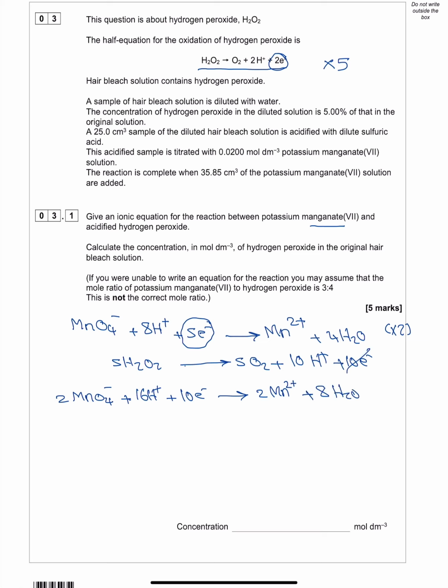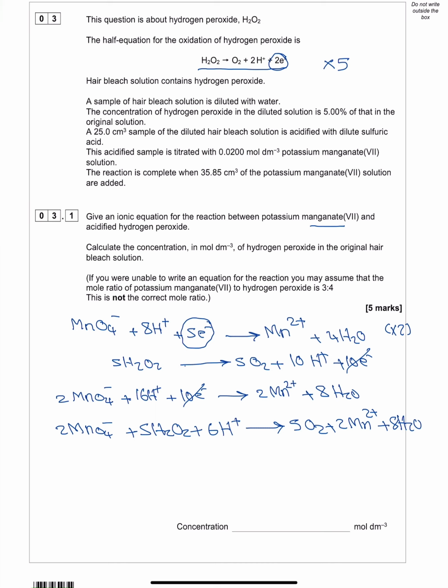Then combining these two together, the final ionic equation will be 2 manganate plus 5 hydrogen peroxide plus 6 hydrogen plus, that will give you 5 oxygen plus 2 Mn2 plus 8 water. So this is the ionic equation.